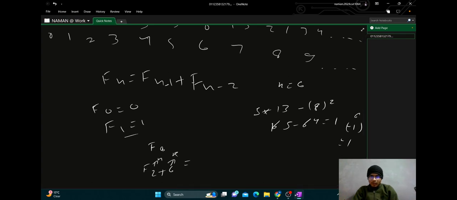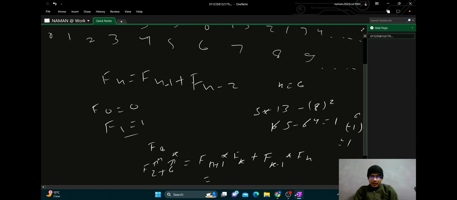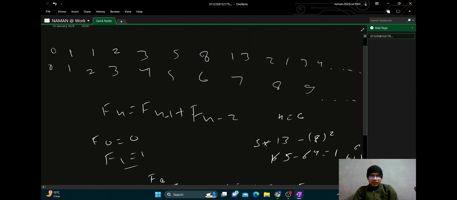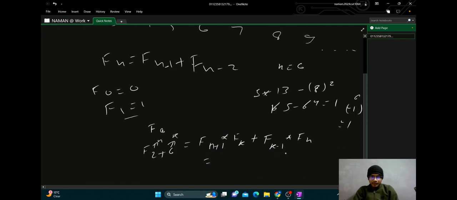The formula states that it is f of n plus 1 times f of k plus f of k minus 1 times f of n. So f of n plus 1 is f of 3, and f of 3 is 2.